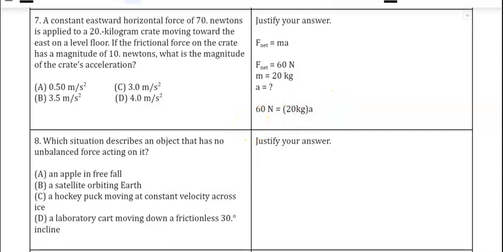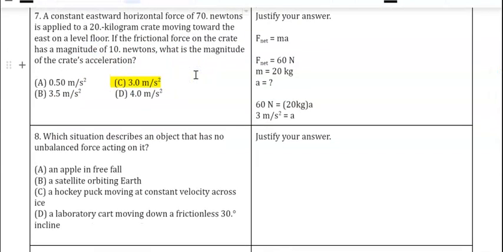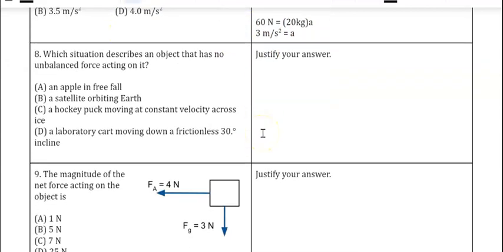That would give me 3 meters per second squared is equal to my acceleration once this 20 kilograms cancels out. And so that's how I get C, 3 meters per second squared. Since this is a multiple choice, you're not expected to show your work for this type of problem, but it's good to still have this as a strategy.